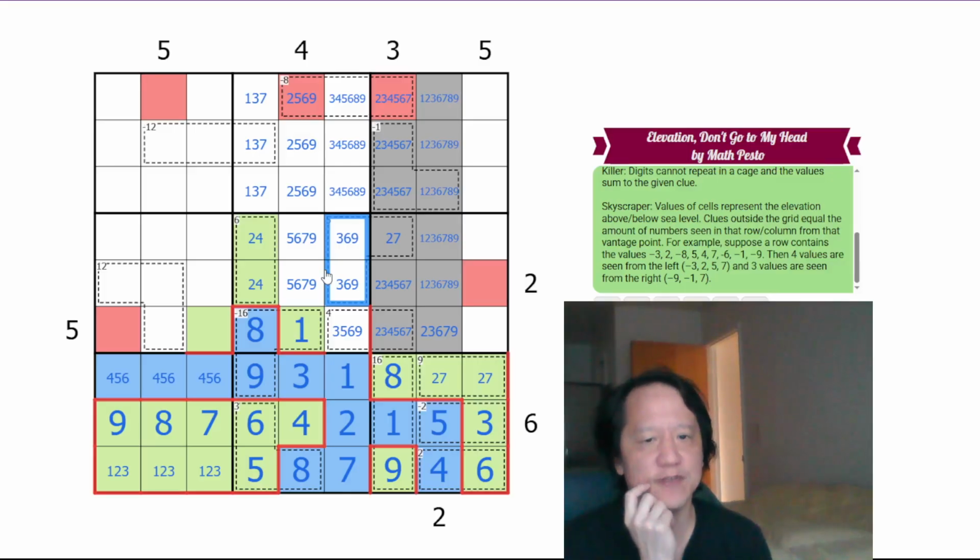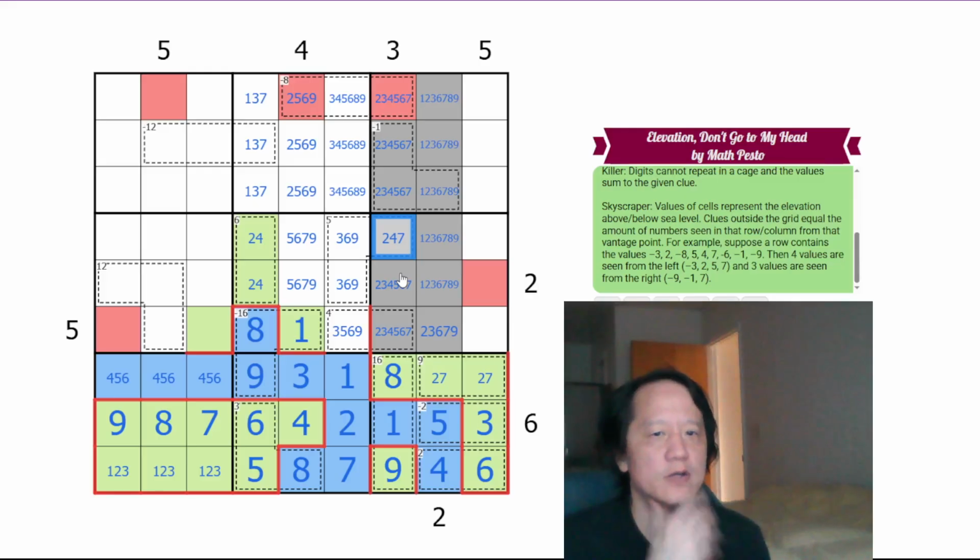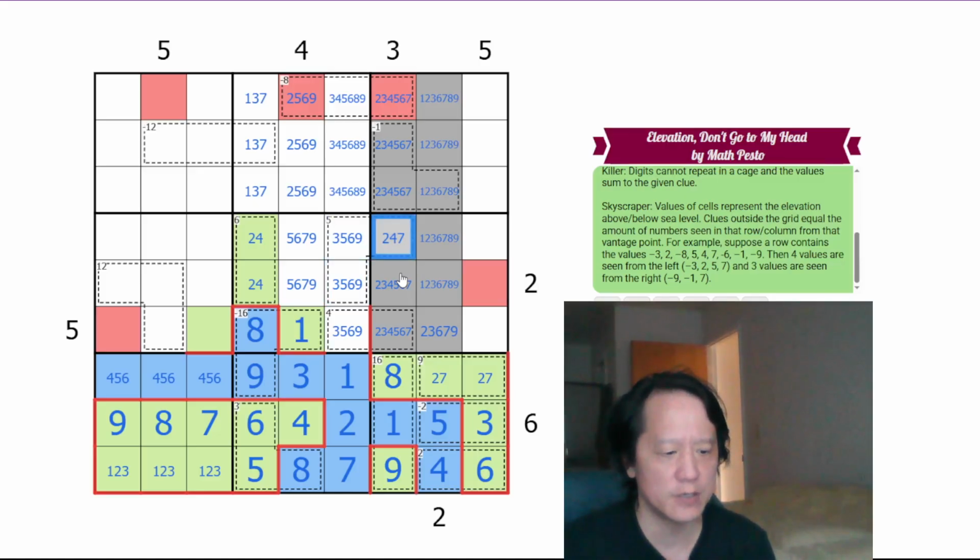10 minus 5 does work. We could have 3, 7, or 6, 4, minus 5. We don't have 9, 1 available. 9 minus 4. The negative 4 would have to be here.